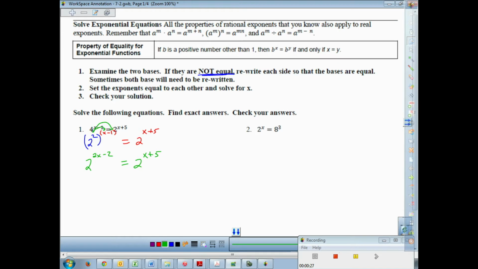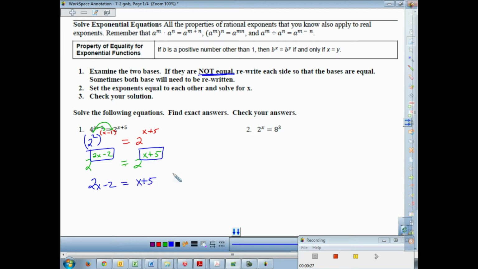If they both have the same base of 2, and you want them to be equal, take a wild guess what has to be true about these two expressions right there. They have to be equal to each other also, right? So now we can drop the bases, and we can just say, I want to solve this: 2x minus 2 equals x plus 5.